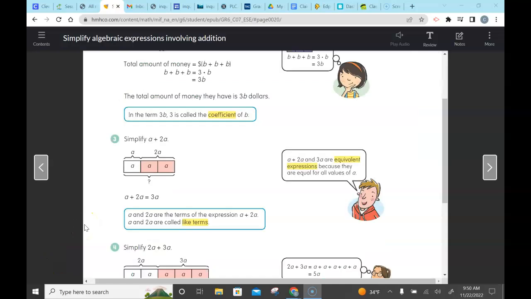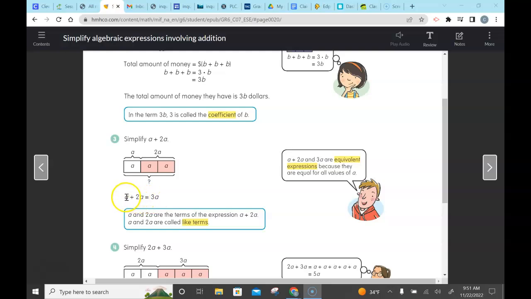So even exploring this a little bit more, for number 3 on page 20, it says simplify a plus 2a. So we can see a plus 2a and 3a would be what's called an equivalent expression, because they are all equal for values of a. Okay, so we're combining these terms. These are like terms, so we can combine them because they both have the variable a with them. So a plus 2a is an equivalent expression to 3a.